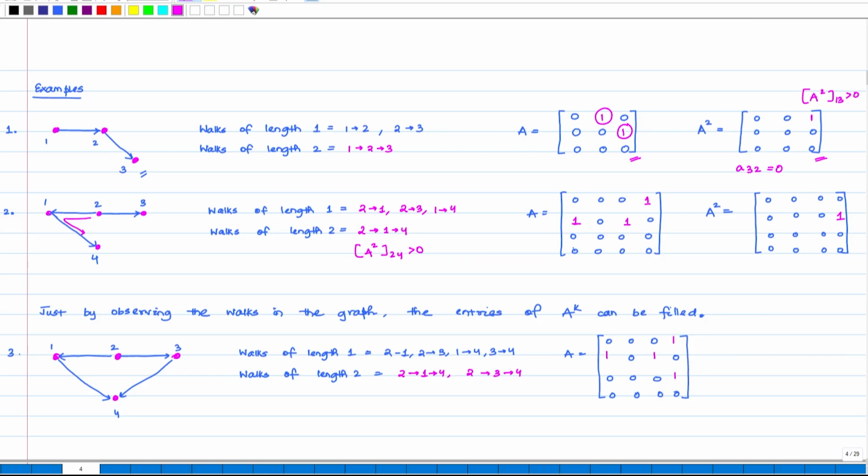So, in that case, what happens to A square? Meaning, let us first write this. So, 2 to 4, this entry is now non-zero, and the rest of the entries again are equal to 0.